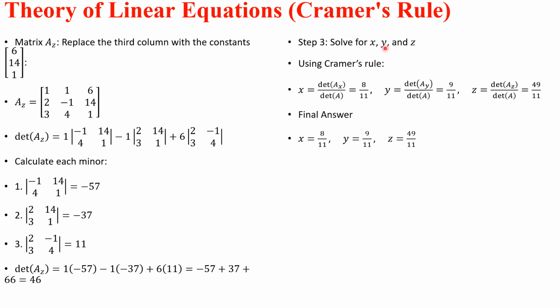What we then do using Cramer's rule is divide the determinant of AX by the determinant of A to get variable X, and that gives us 8 over 11.